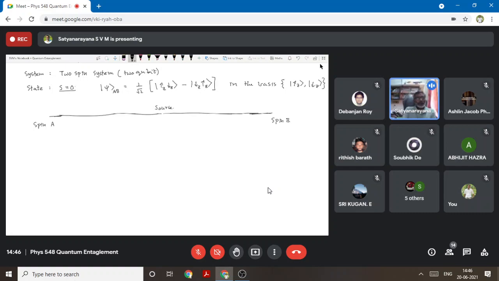Now you ask a question: what is the state of A? We ask that question. The answer is we don't know, because we know only the combined state.